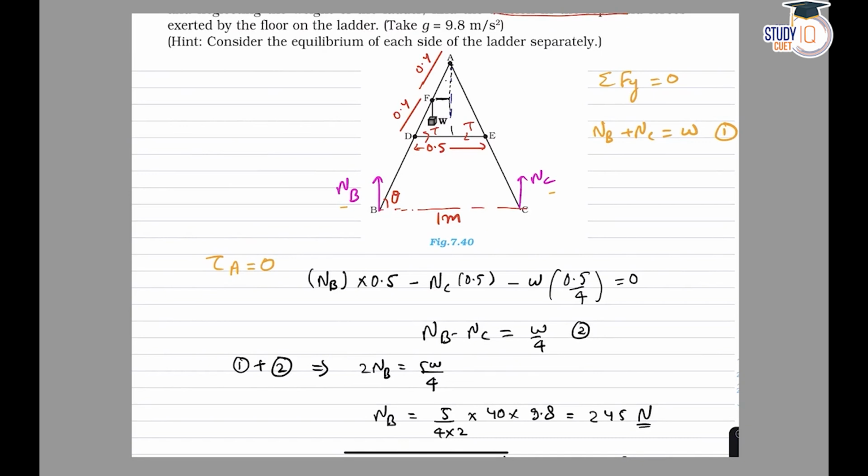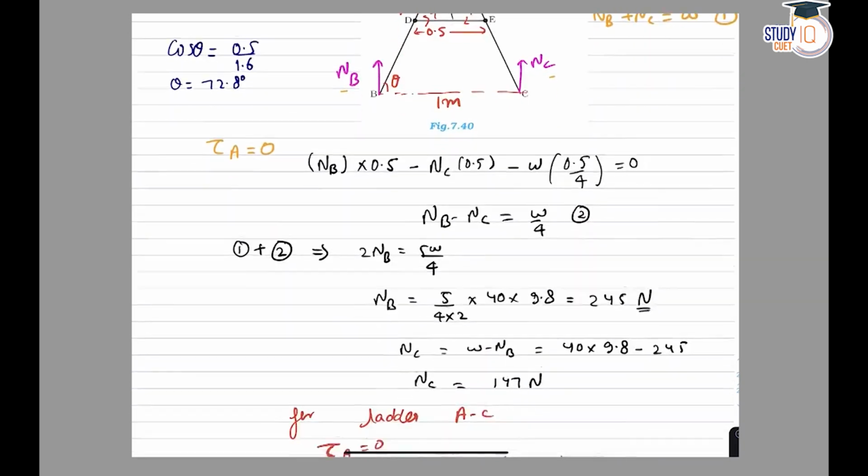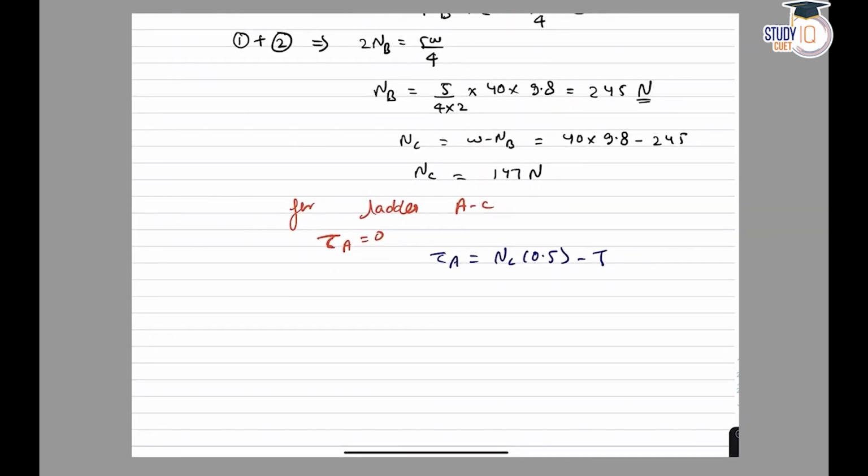From the diagram we can find that cos theta is equal to 0.5 upon 1.6, and on solving, the value of theta comes out to be 72.8 degrees. Once you get theta, you can get sine theta, and the perpendicular distance of the tension from point A is given as 0.8 sine theta, and this must be equal to 0.